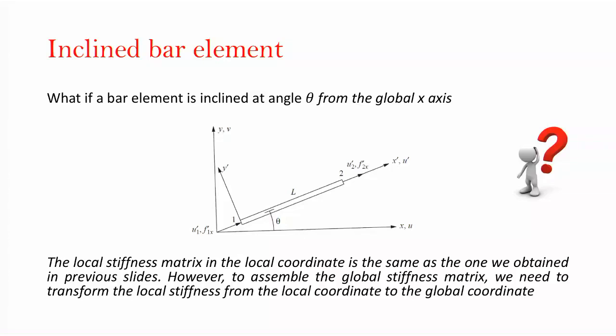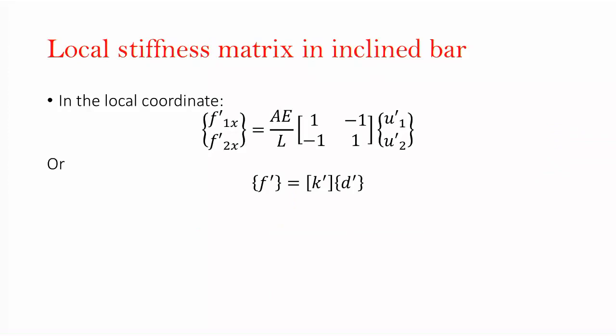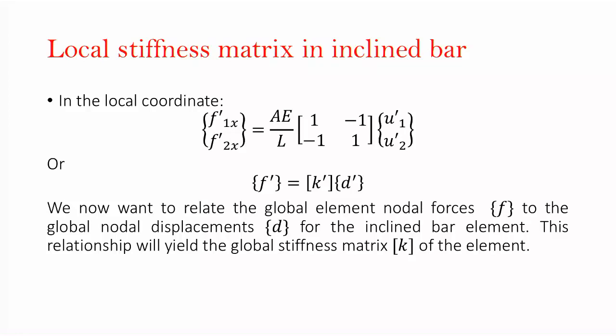So we need the transformation matrix to transform the K-matrix from the local coordinate to the global coordinate. Again, f prime equals k prime times displacement, which is all good, so we don't have any problem with that. But if we want to use it in the global coordinates, that would be a little bit tricky.